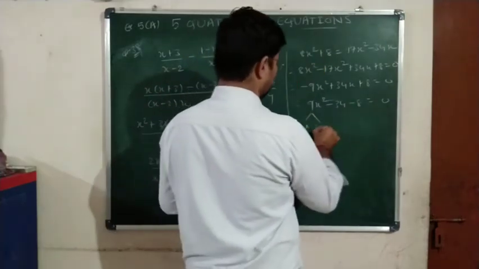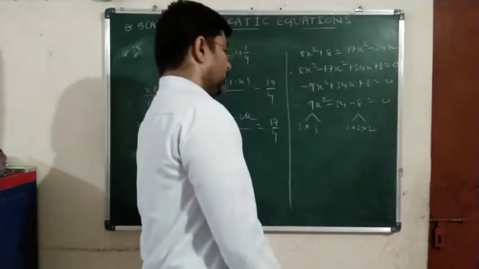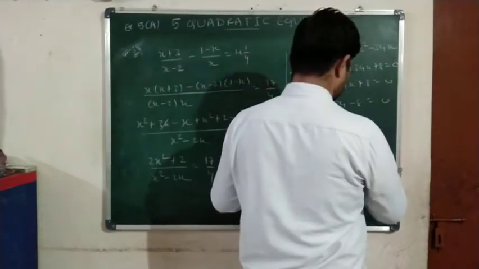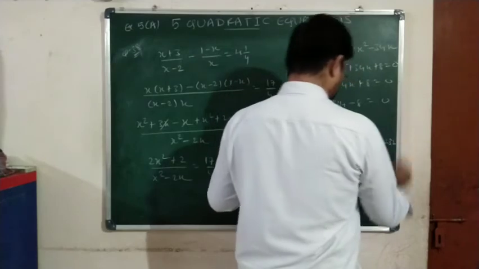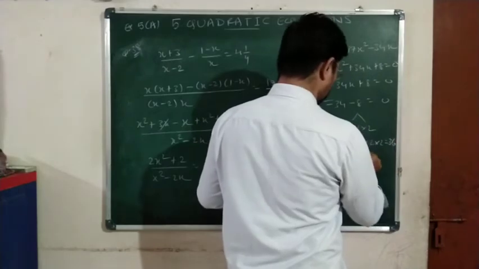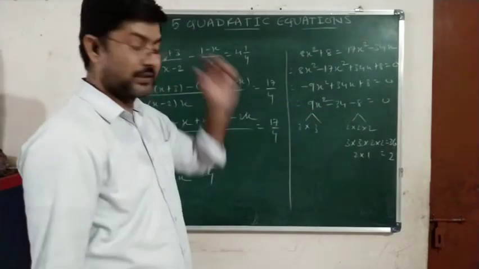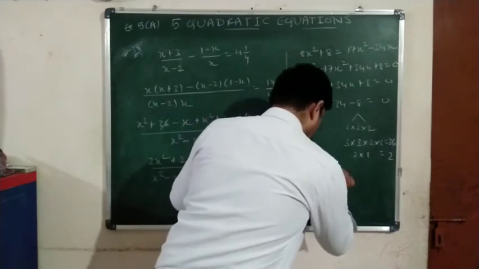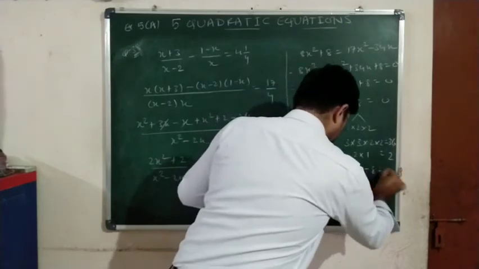Now 9 is 3 3s and 2 into 2 into 2. 9 4s are 36 and 2 1s are 2. 36 minus 2 we will get 34. So we have two factors, 36x and 2x, and therefore 9x square minus 36x plus 2x minus 8.